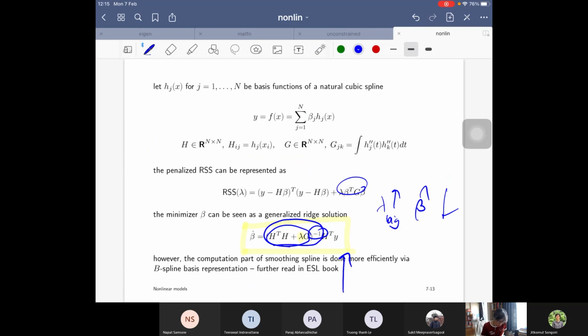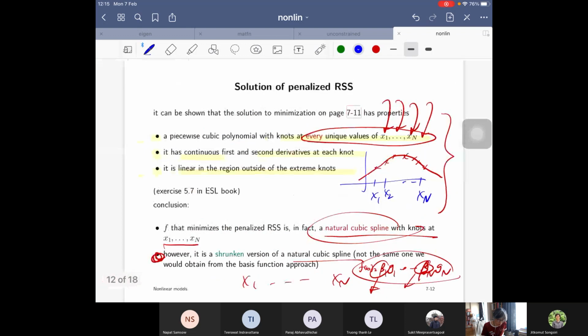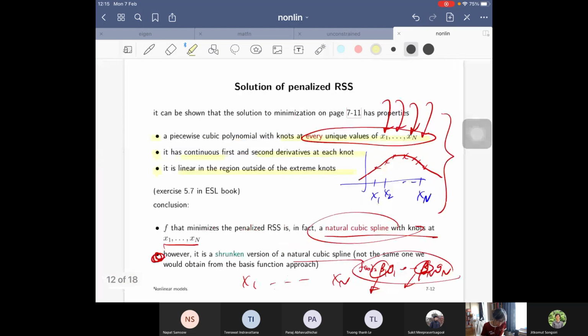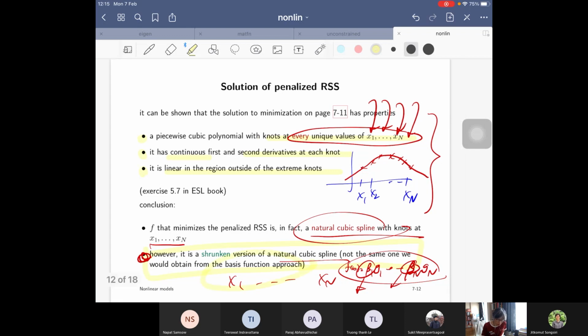But of course, one thing that I would like to make a connection to, from what we have seen so far, is that when you solve the smoothing spline, the solution is given by this. Your beta here is a coefficient of a basis representation of the natural cubic spline. This is what I mean by the statement that this is not the same as solving the natural cubic spline from the basis function approach.